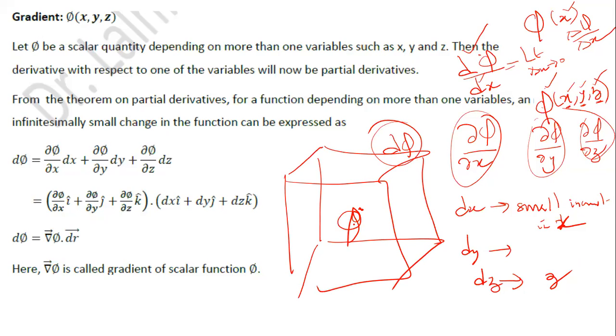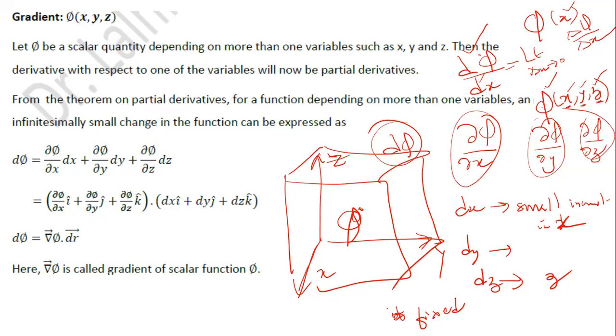That means phi depends on x, y, and z. This is x, this is y, this is z. Phi is a scalar function which depends on x, y, and z. So let's say you have a certain phi value. At a certain point, phi value is fixed.